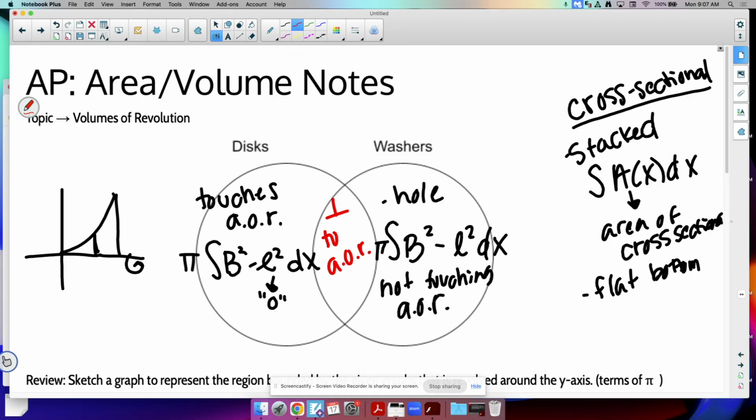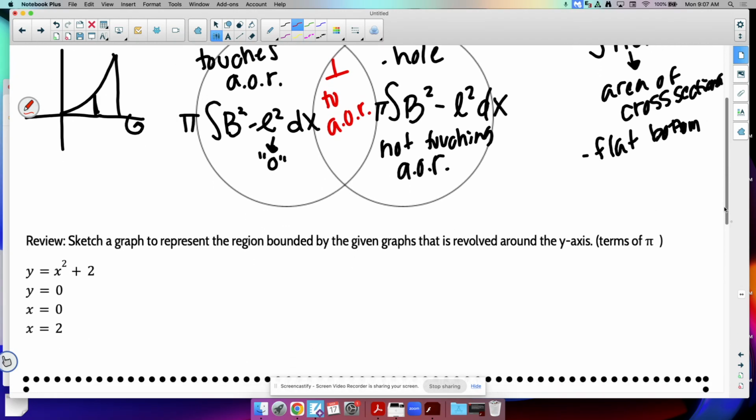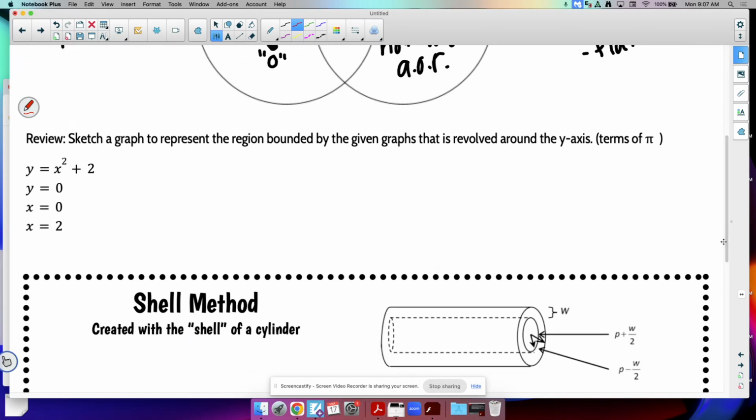The issue with this is that it makes things a little bit goofy. We're going to do one review problem, and it's going to be the worst type of review problem because you're going to see why this method is a little bit weird. Sketch a graph to represent the region bounded by the given graphs that is revolved about the y-axis.